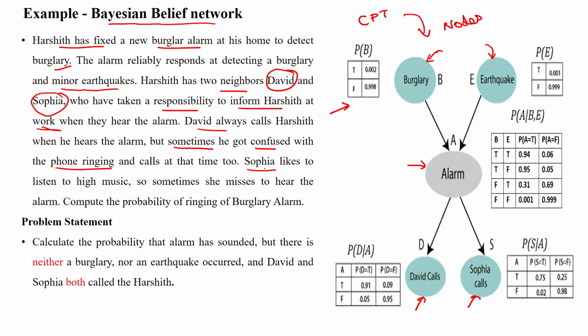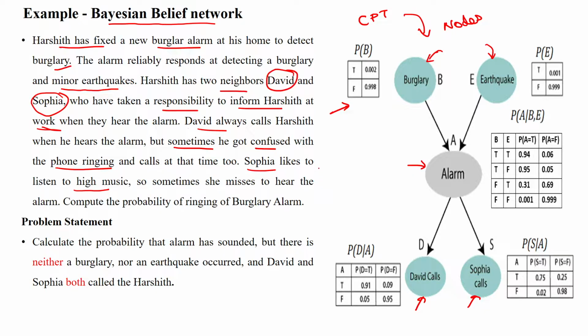And Sophia likes to listen to DJ music with high volume. When she is listening to the music, she is unable to hear the alarm ringing sound. If she is unable to hear it, then she may not call Harshit during the burglary or earthquake.